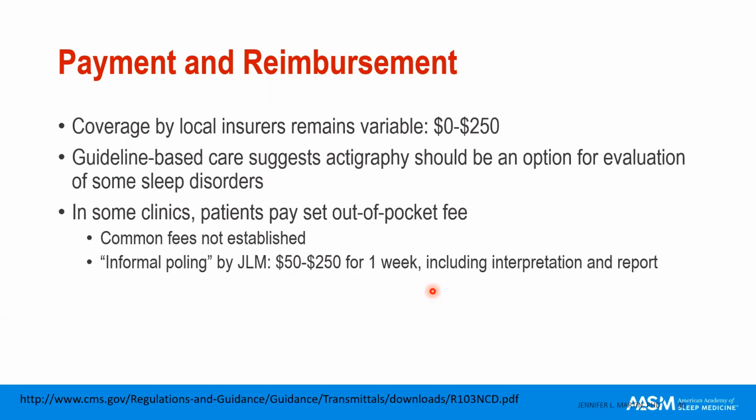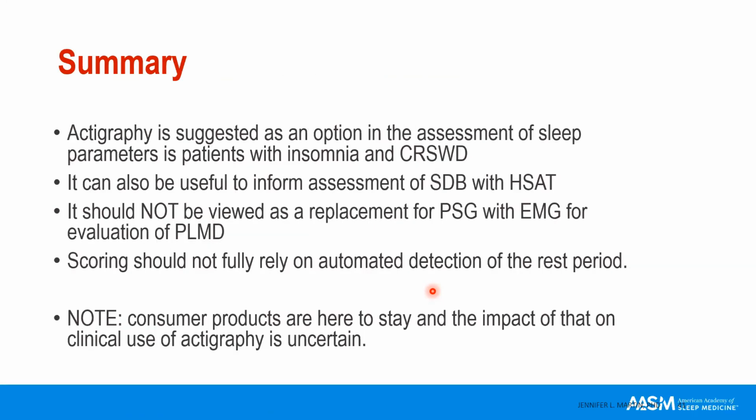When I talk to my friends and colleagues, it's somewhere between $50 and $250 for the procedure. In our clinic, we actually just do it as part of our diagnostic workup. But hopefully the payers will start considering this more seriously with the new guidelines available.